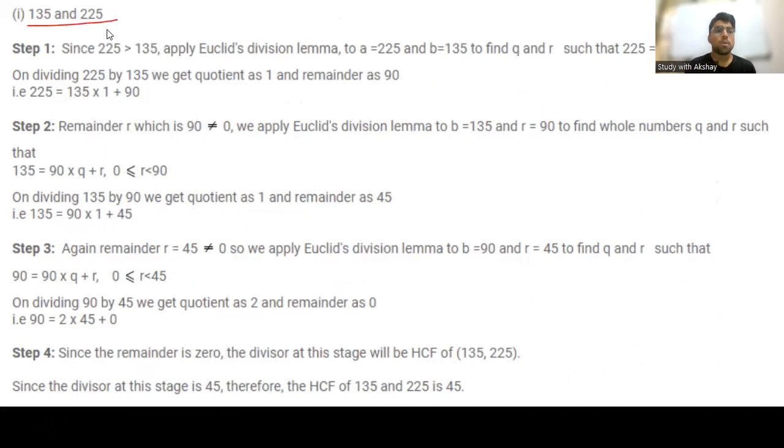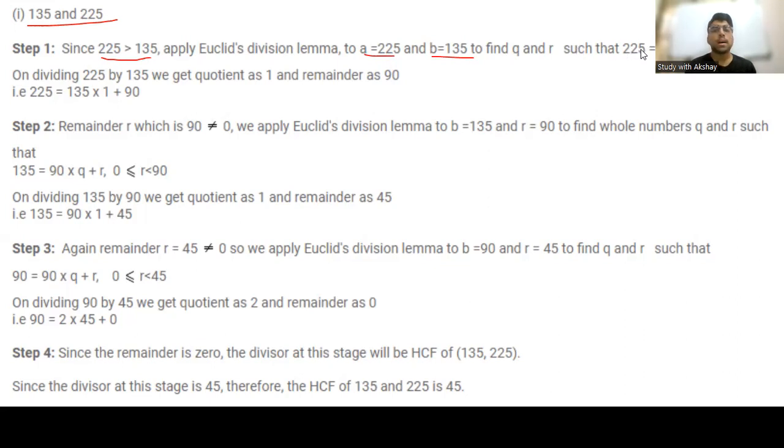135 and 225. Since 225 is greater than 135, apply Euclid's division lemma by taking A as 225 and B as 135.